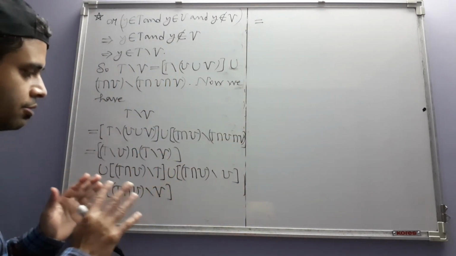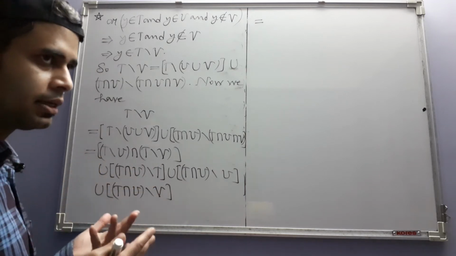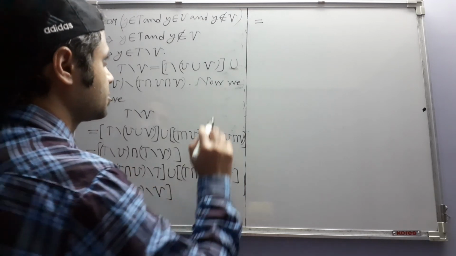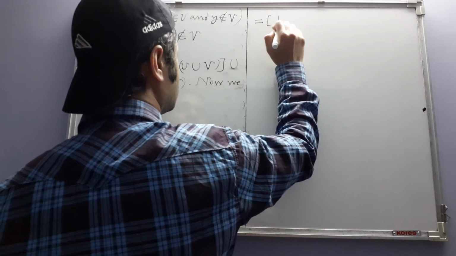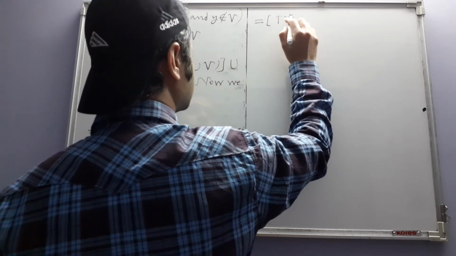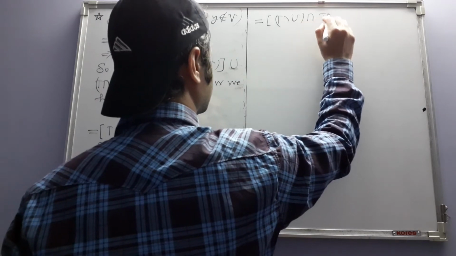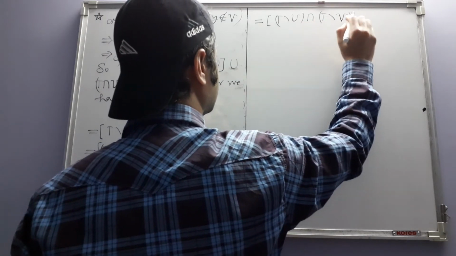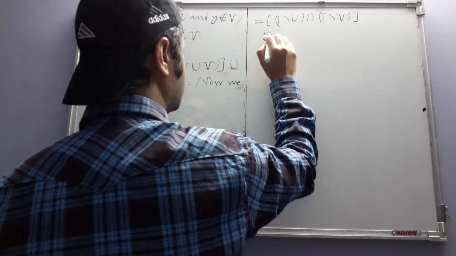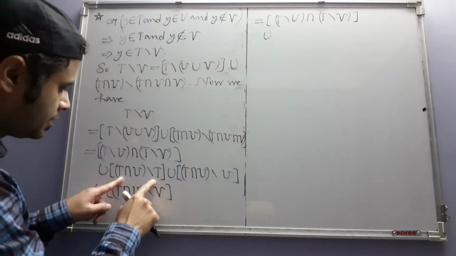We don't want to do anything to this because it is in a form that is useful to us. T difference U intersection T difference V. Now union, what is this?